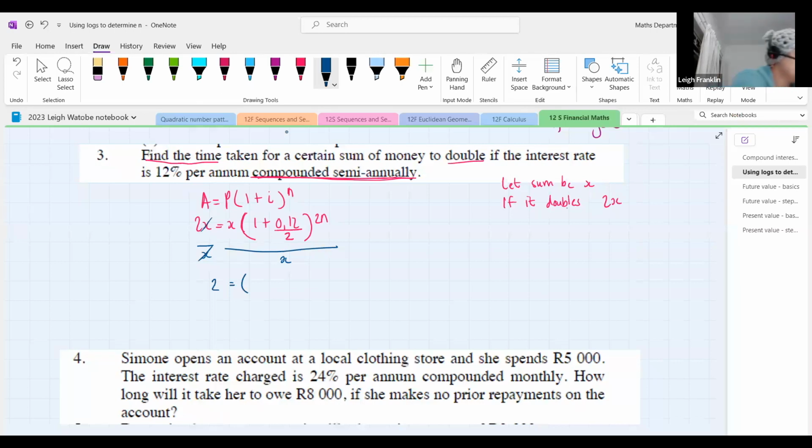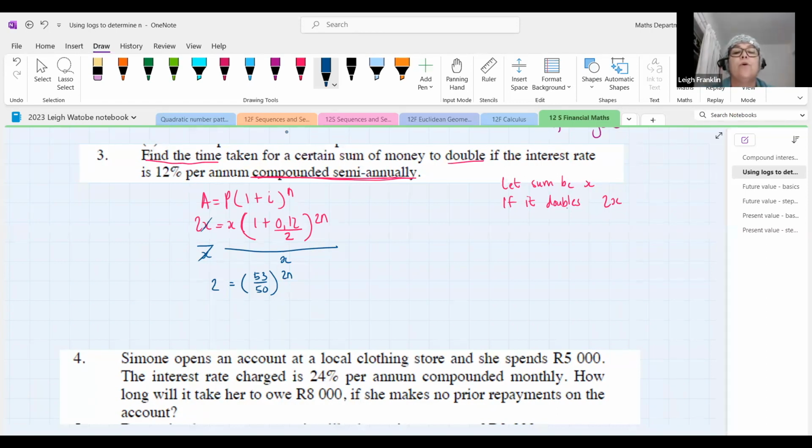We can work out its value. All right, so I'm getting a value of 53 over 50 as my base, and that is to the power of 2n.